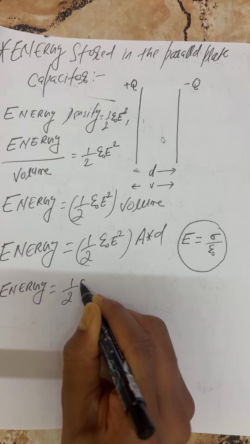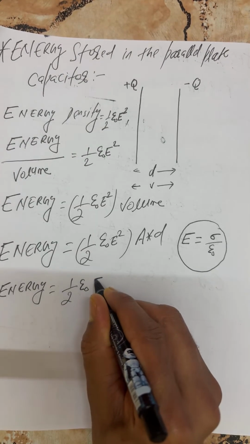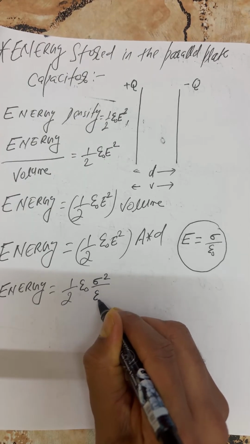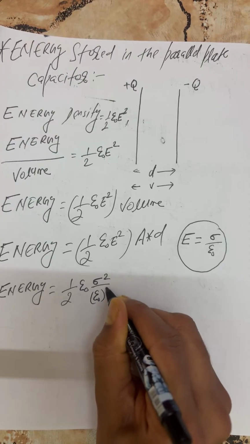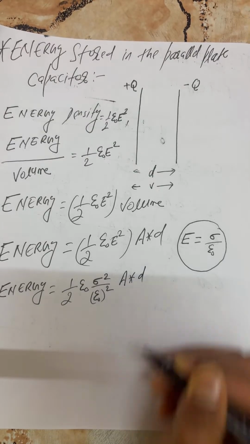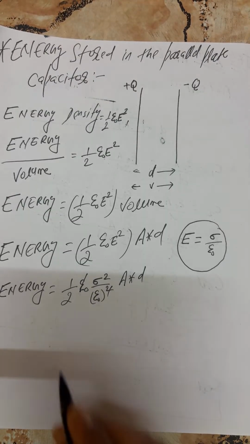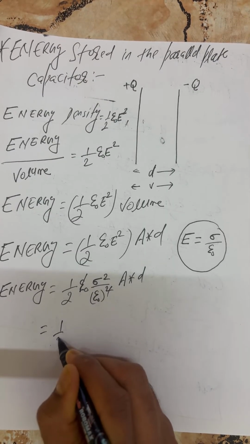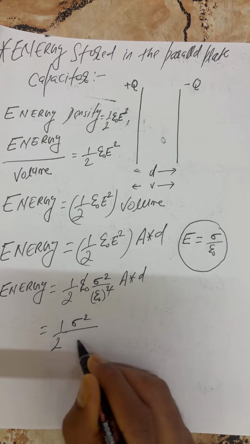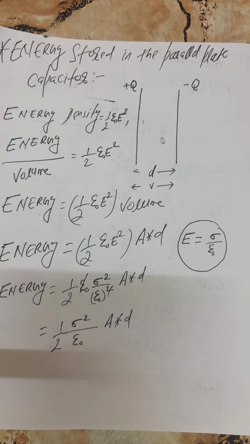Energy is equal to half epsilon naught, and E square is sigma square by epsilon naught whole square, into area into D. So this cancels, and we get half of sigma square by epsilon naught into A into D.